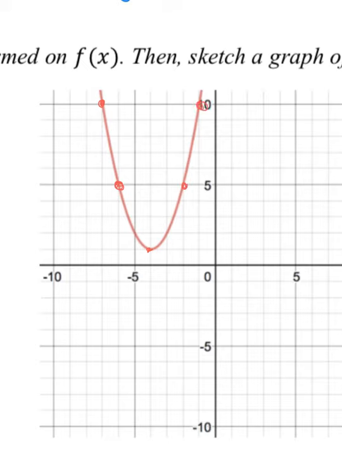And I'm going to follow the transformation. We said it's right 2, down 3. So if I go right 2, down 3, this point right here turns into this one. I went to the right 2 and then down 3. So I'm going to take that and do that for all of them.